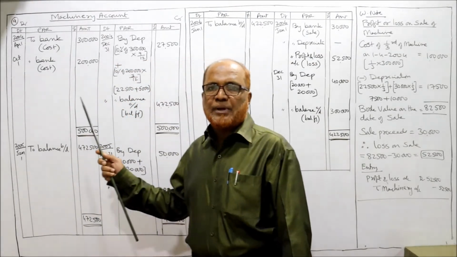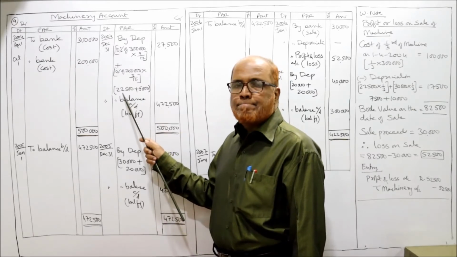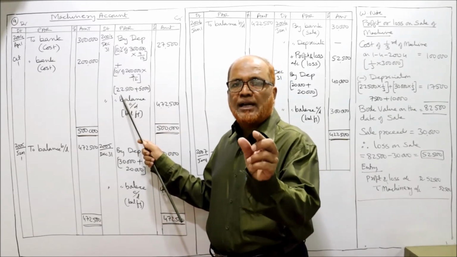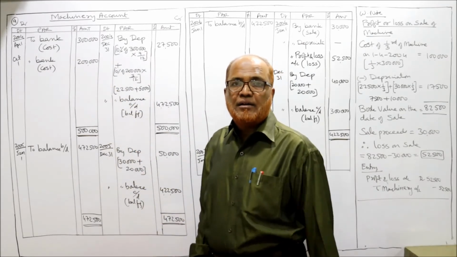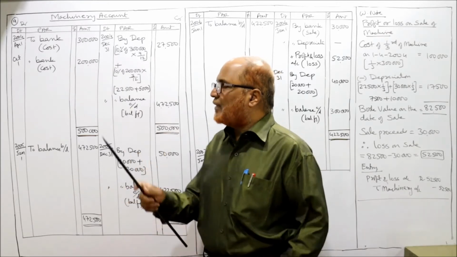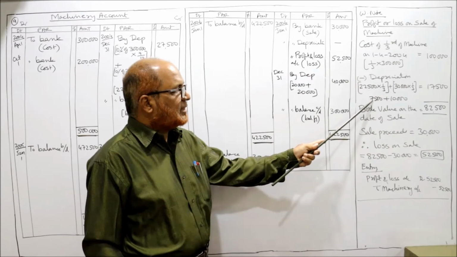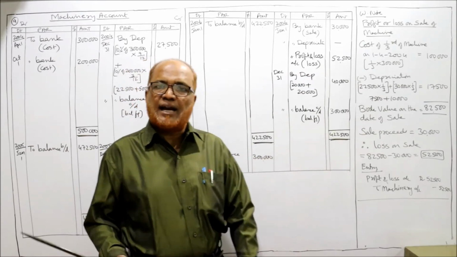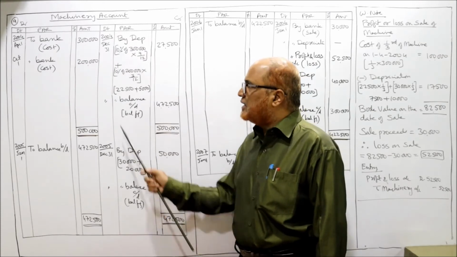What is the total depreciation of first machine during the first year? 22,500. But we need 1/3 because not all of the machine is sold. So 22,500 into 1/3, 7,500. Similarly, second machine. The second machine total depreciation is 20,000.